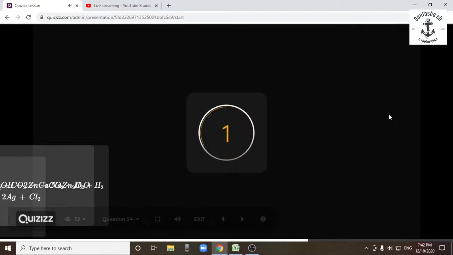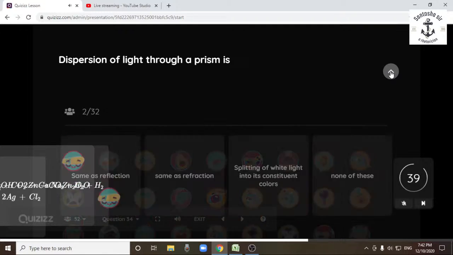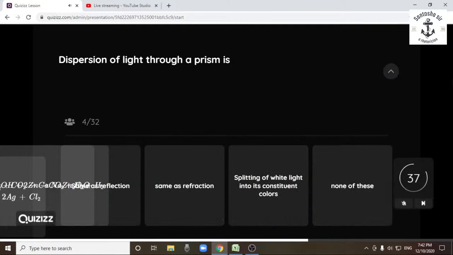Question number 34. Okay, dispersion of light through a prism is... 30 seconds more.